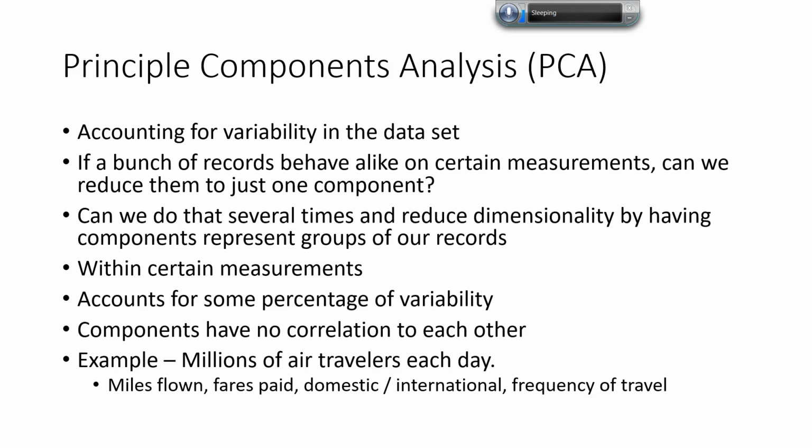In other words, what if there was 100 records in our data set and we were really interested in median value, number of rooms, and crime rate? And those 100 records all looked really similar across those three variables. Instead of having 100 records, we could reduce that down to our principal component and have a single principal component that represented those 100 records.